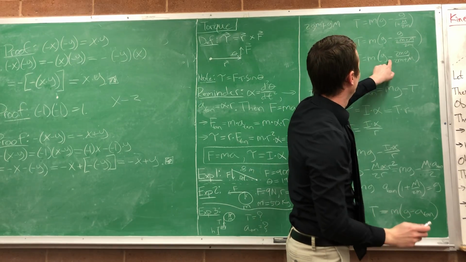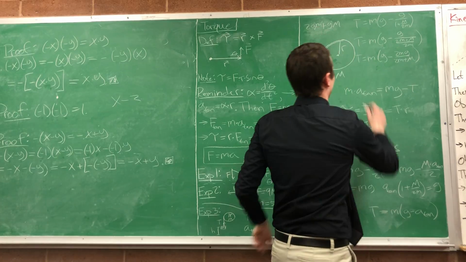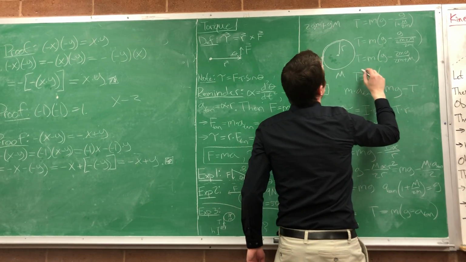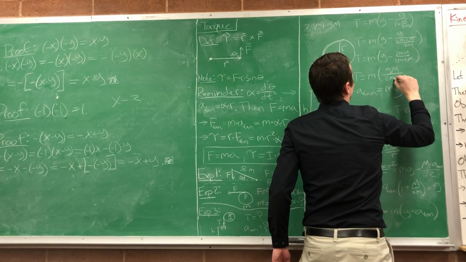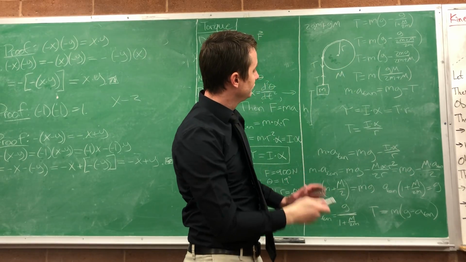We'll have 2gm, we'll have negative 2mg, so that and this term are going to cancel out. When that's all said and done, we're going to have m times G big M over 2 little m plus big M, right?